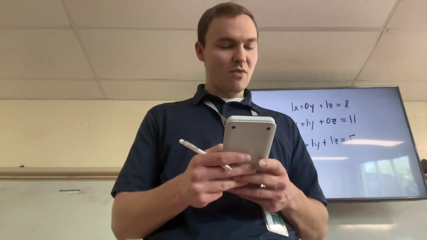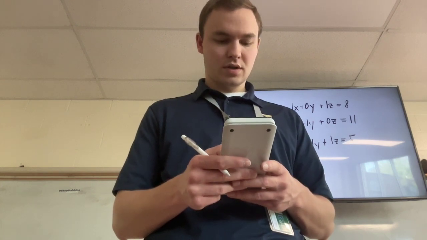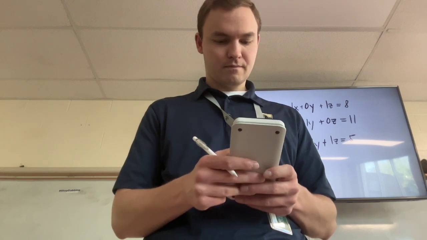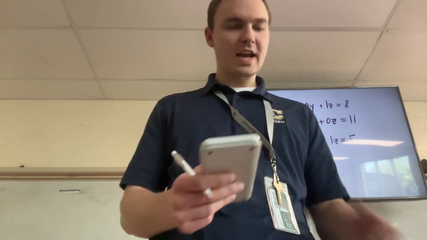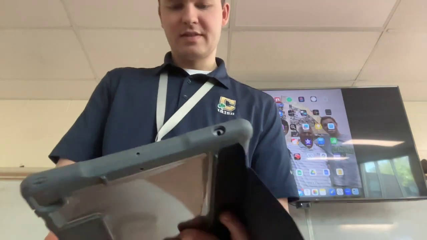So I'm doing this with matrices. I put in my calculator a little review of last chapter, since we probably all forgot it. I put in the coefficient matrix. You guys remember that? Second matrix.